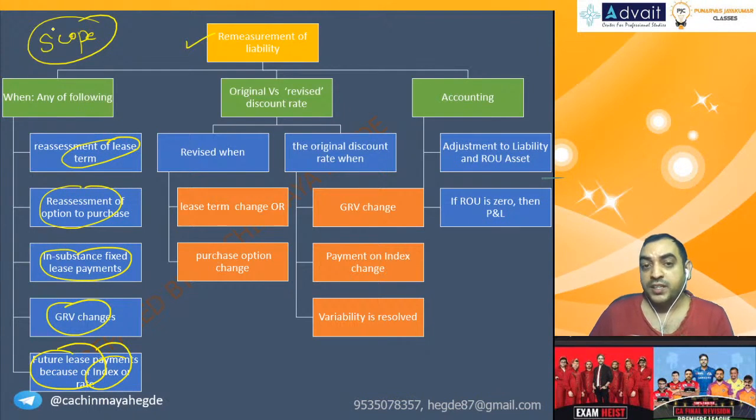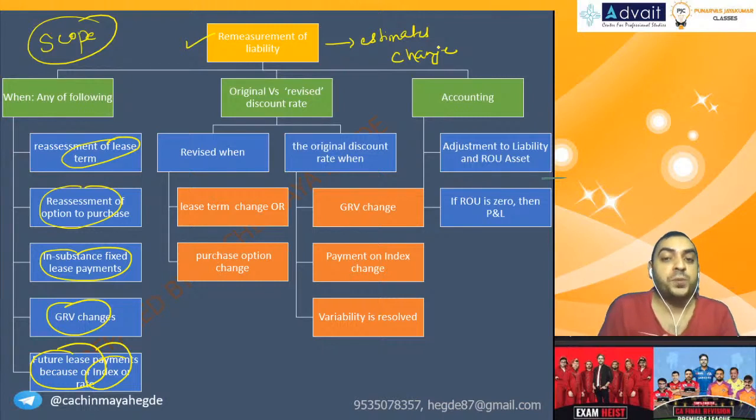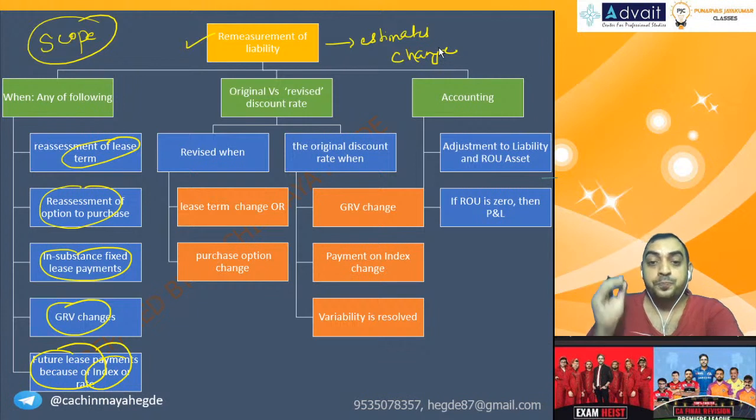Remeasurement of liability means one of the accounting estimates you thought earlier will change. That is not lease modification. Lease modification means the scope should change or the fundamental lease payment should change. Whereas remeasurement means that one of the assumptions you had made earlier to compute the ROU asset and lease liability got changed, a change in accounting estimate.